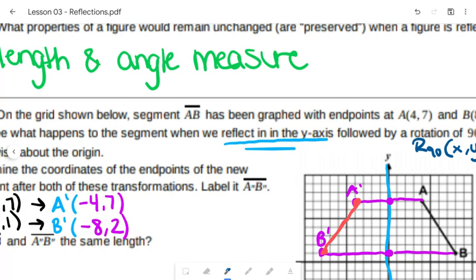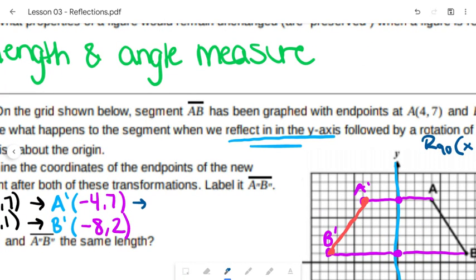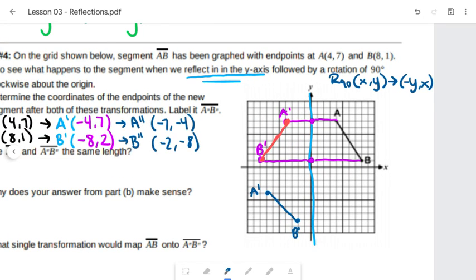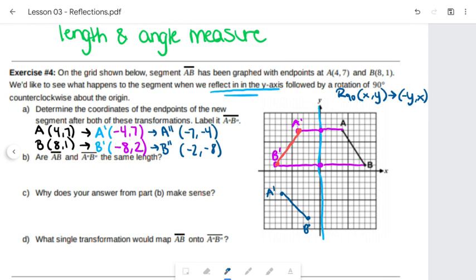So if I'm going to get the double prime when I'm following that up, when I switch that, I'm going to have -7, -4, and I'm going to have -2, -8. So here's my A double prime and -2, -8. All right, so there's our points. We've stated them and we've labeled them.